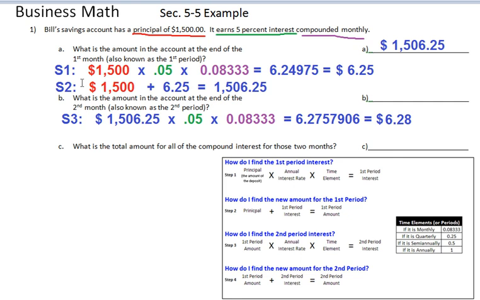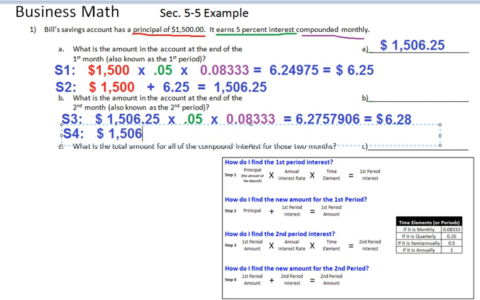Well, we've done step 1, we've done step 2 and found the answer for A. We've done step 3, but we still need to do step 4. And in order to do step 4, we will need that $6.28, and we're going to add it to that first period amount again.